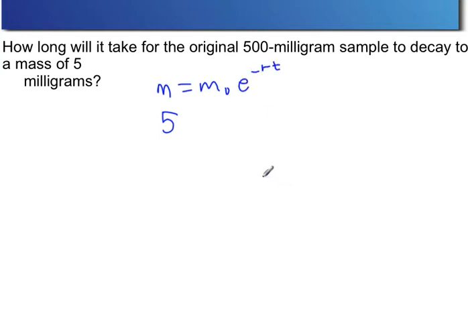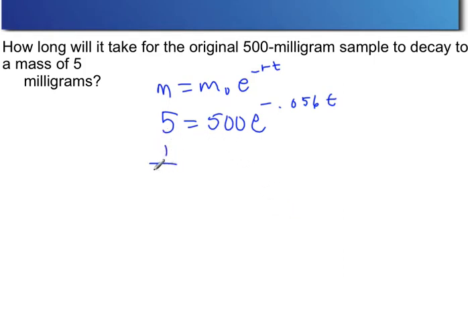Okay, so 5 is the amount that I'm going to have after some decaying. My initial amount is 500, e to the minus r, and we determined that was approximately 0.056 t. So we're going to solve for t. We'll divide both sides by 500.